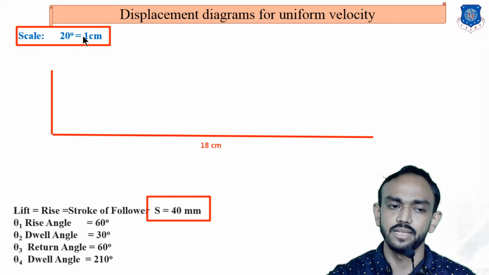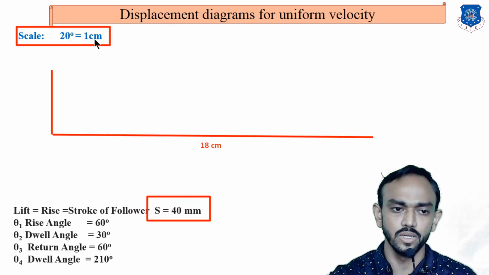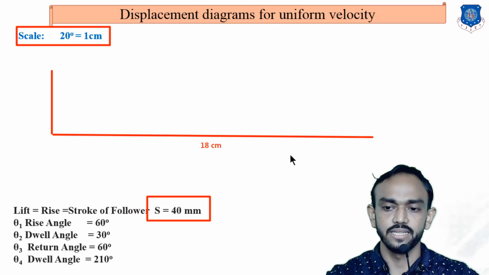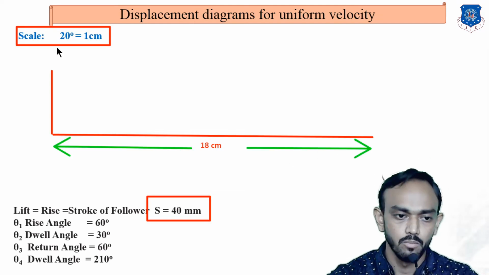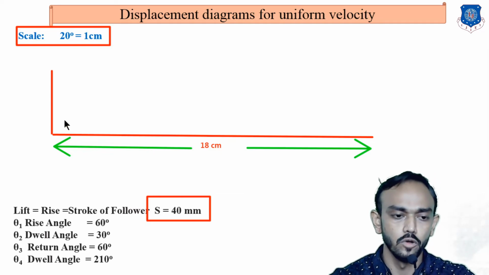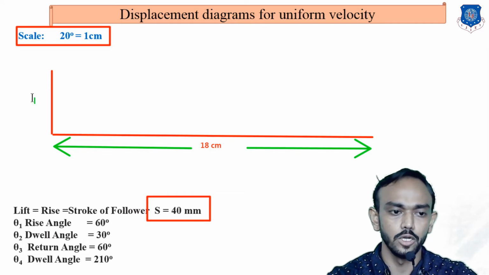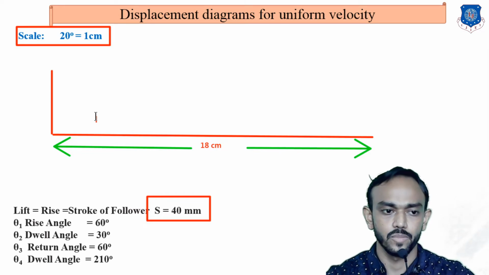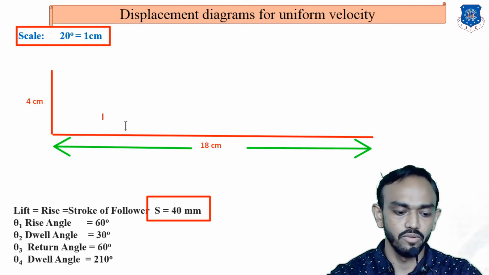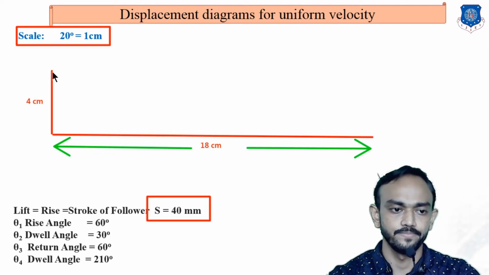Every time we will take this scale, 20 degree equal to 1 centimeter. But what will be the height? The height totally depends on the lift. So we will take the height equal to 4 centimeter, and we will complete this box.